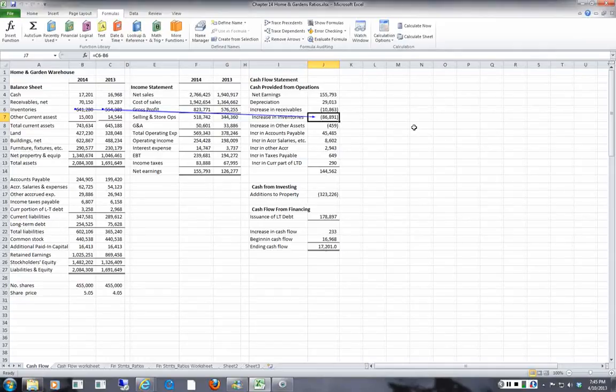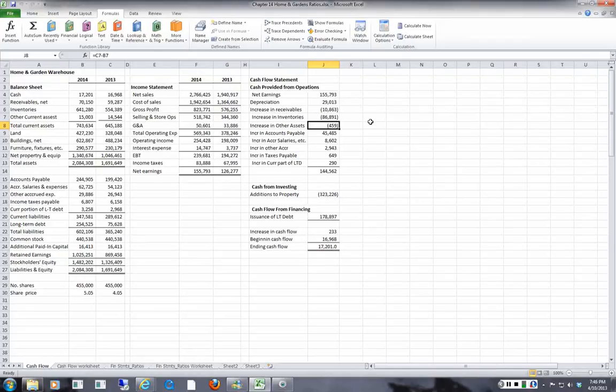So that's an increase of $86,891. Next we deduct the increase in other assets, and that's a very small amount. You see, going from $14,554 to $15,003, only $459,000. Well, I guess that's a $459 difference.